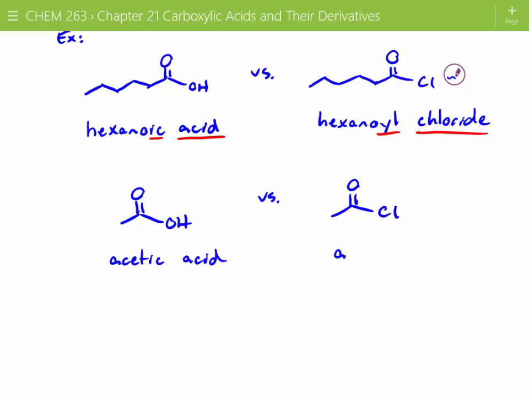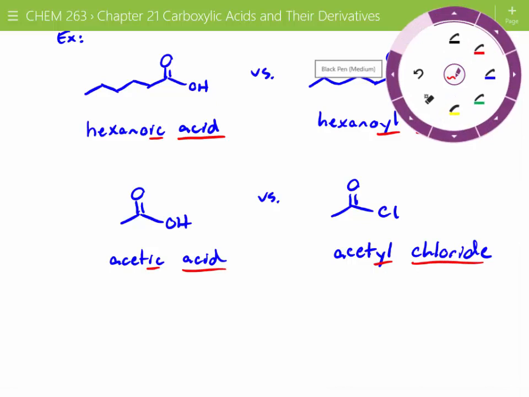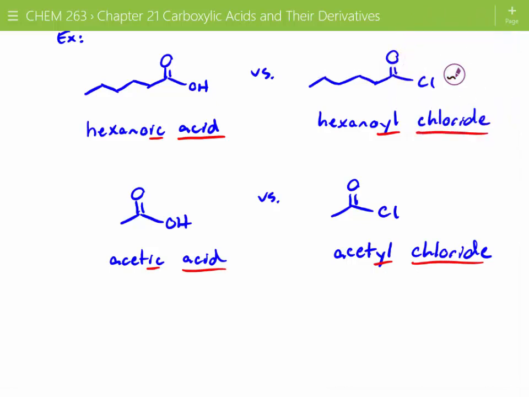Which means that this is acetyl chloride. So we're replacing the ic acid with the -yl chloride. And that's more or less how it goes for naming all of our acid halides.